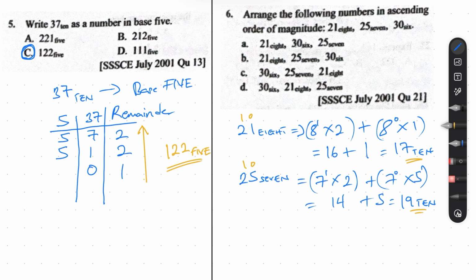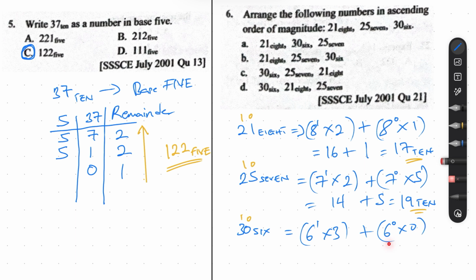Let's move on to the last one, which is what? 30 base 6. So we do the same thing. 0, 1. And we raise 6 to those powers, right? So we have 6 power 1 times 3 plus 6 power 0 times 0.